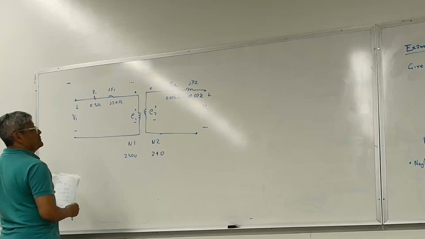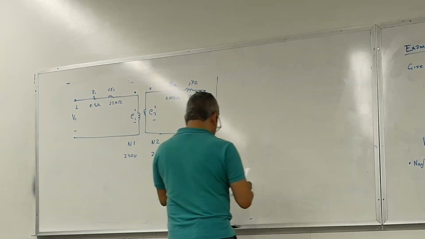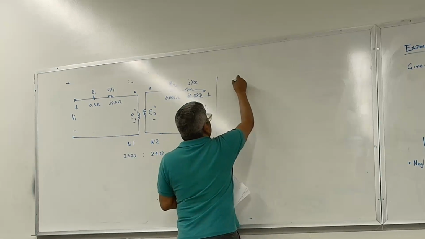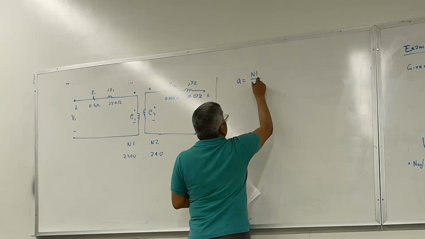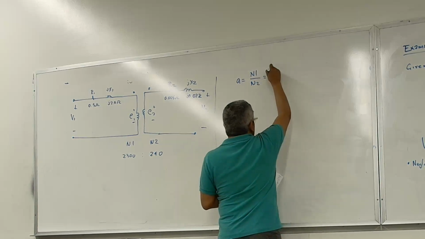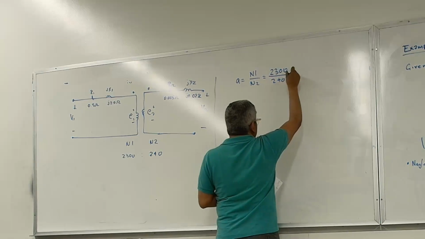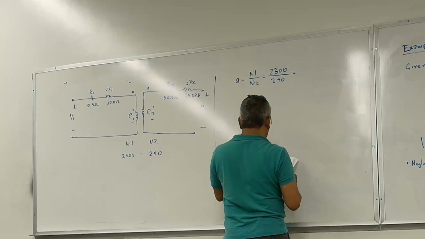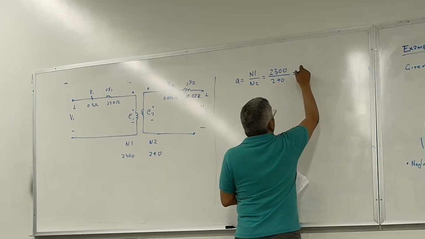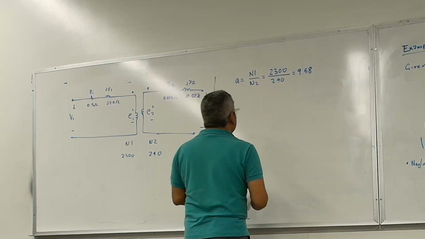First step first, let's do this. A is equal to N1 divided by N2, which is equal to 2300 divided by 240, equals approximately 9.58. That's the transfer ratio.